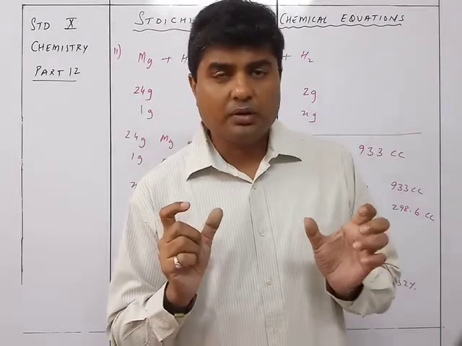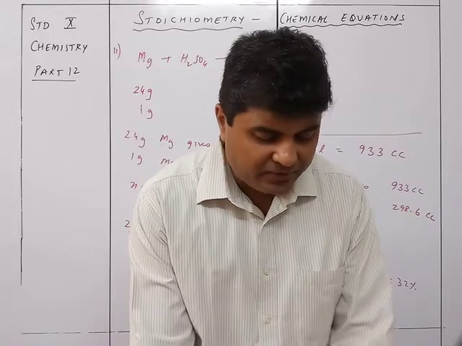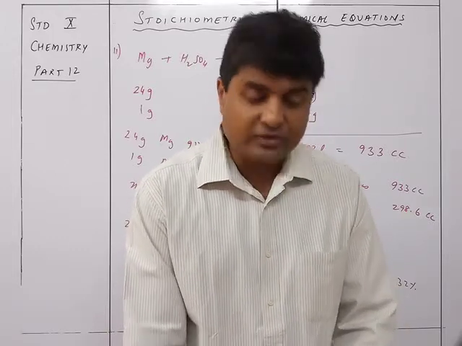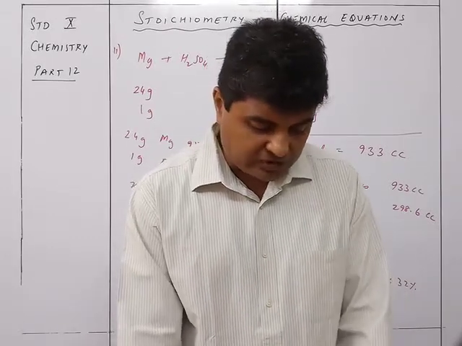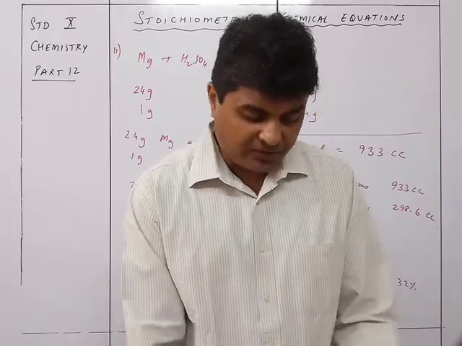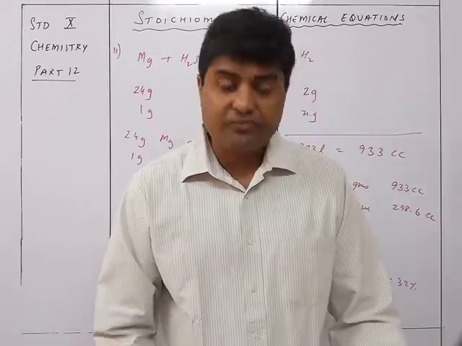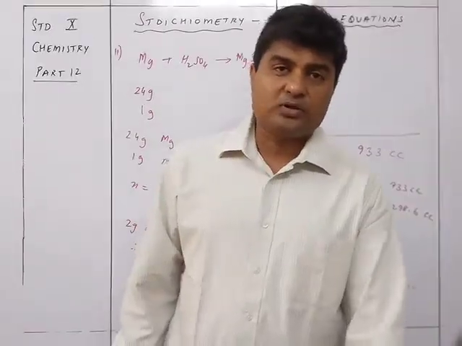So do practice properly, and you can see there are so many different sums given over here. There is a complete list of the board papers. Board questions are there for all the different kinds, so you can practice these ones. Do practice this because it's very, very important.